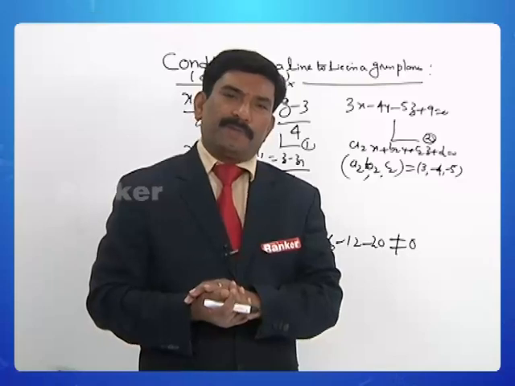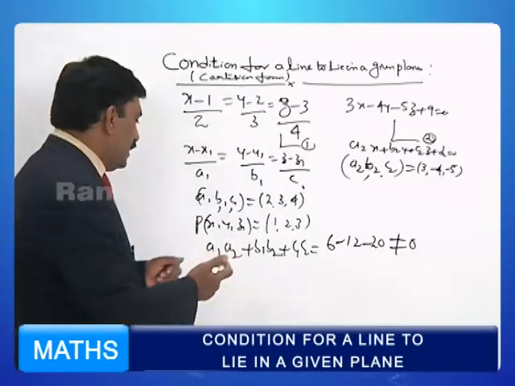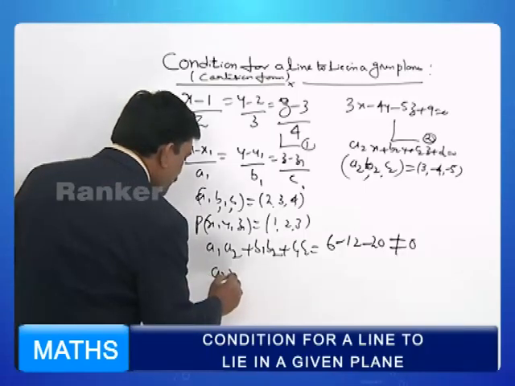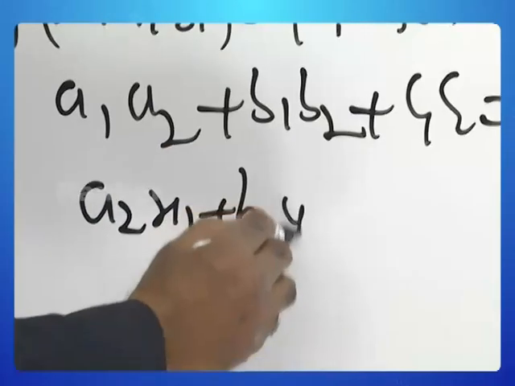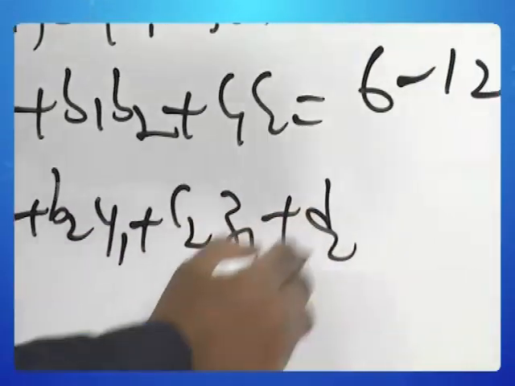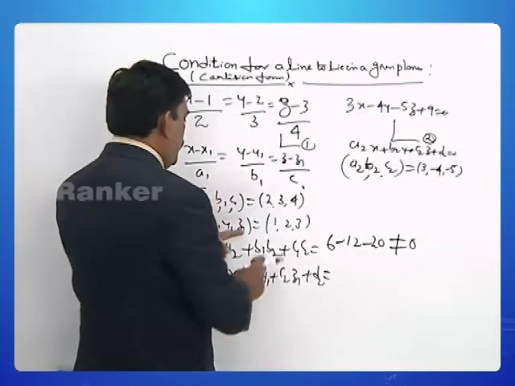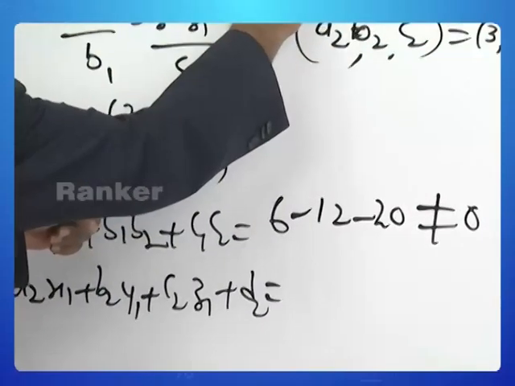Now look here. Let us check a2x1 plus b2y1 plus c2z1 plus d2. Take this point and substitute it in this plane.